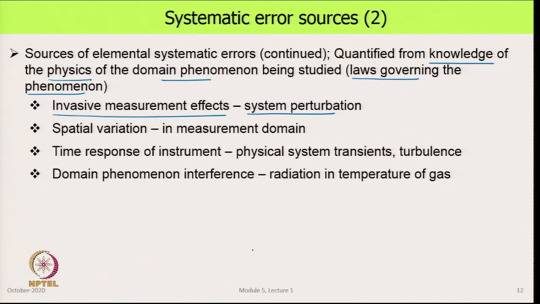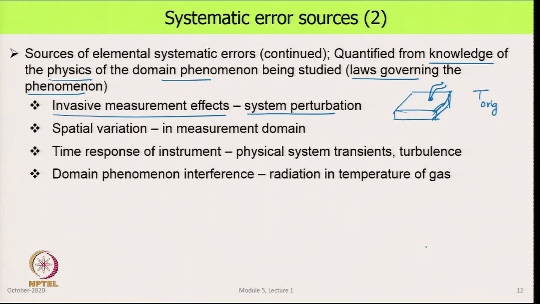A quick example on this is this, say this is a surface or say a plate, and we want to measure the temperature of this plate. So, we put a sensor there, say a thermocouple, there are 2 wires coming out of the thermocouple, and what happens is, if the thermocouple were not there, this whole surface would have had some temperature, let us say the original temperature T original.